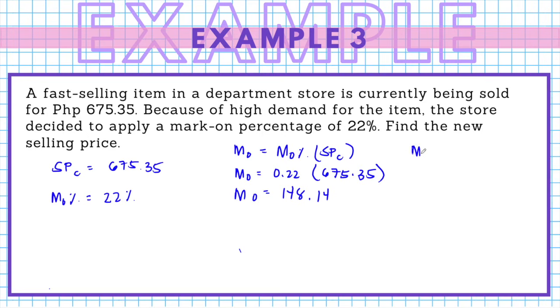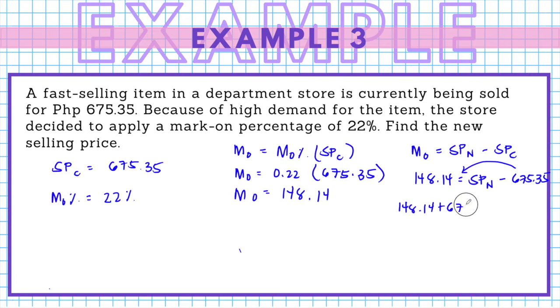Now that we have our mark-on, we can determine our new selling price by utilizing the other formula. We have our mark-on is equal to the new selling price minus the current selling price. So, substituting what is given, we have 148.14 is equal to the new selling price minus 675.35, and transposing this to the other side, we have 148.14 plus 675.35 is equal to the new selling price.